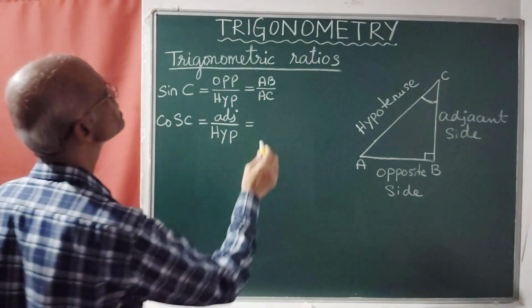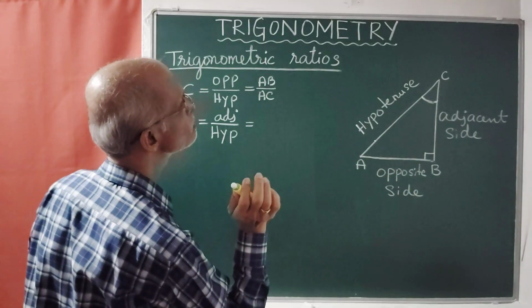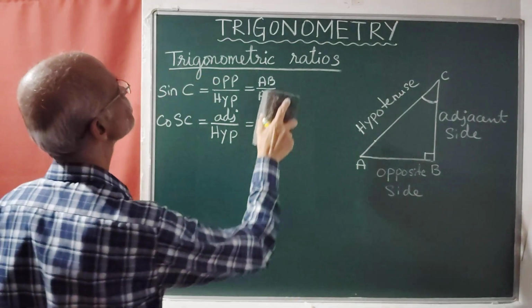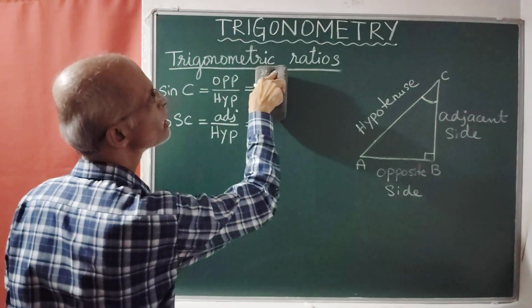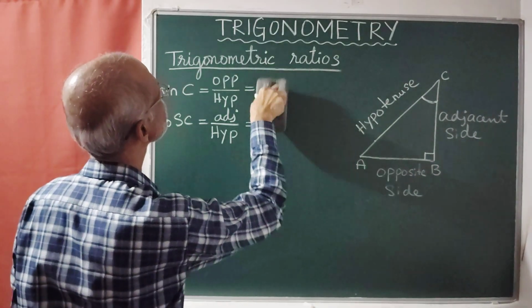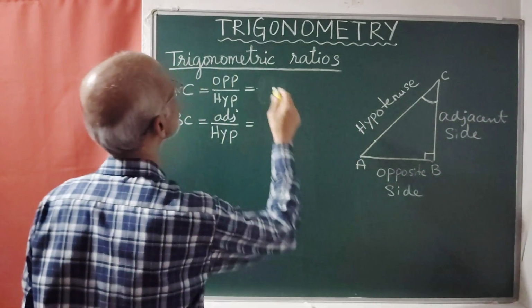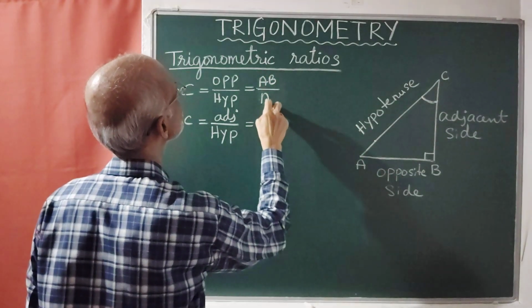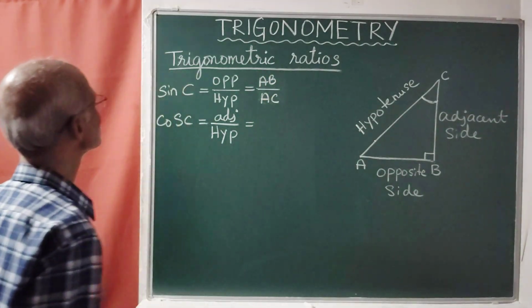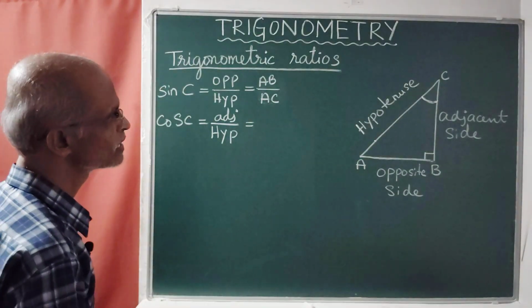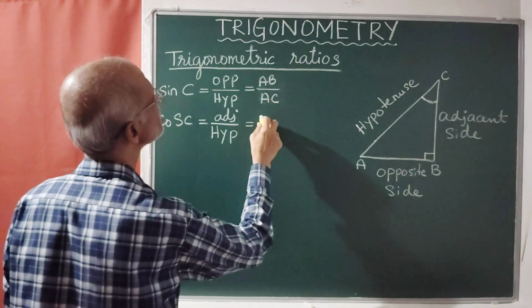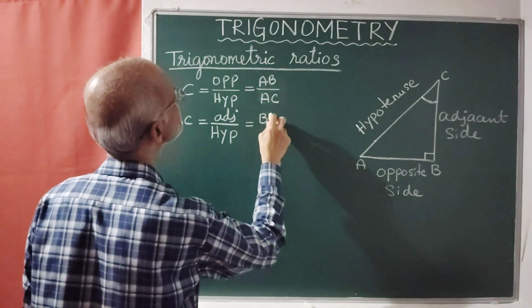Let me check, opposite by hypotenuse is AB by AC, that's correct for sin C. Now for cos C, it is BC by AC.